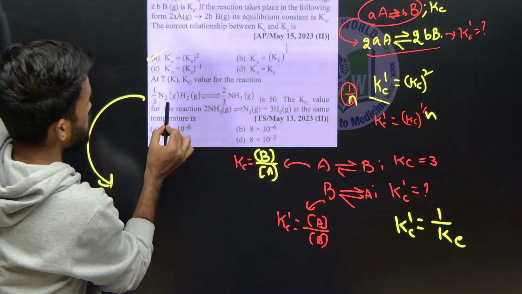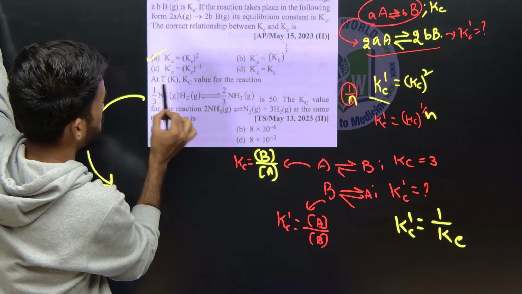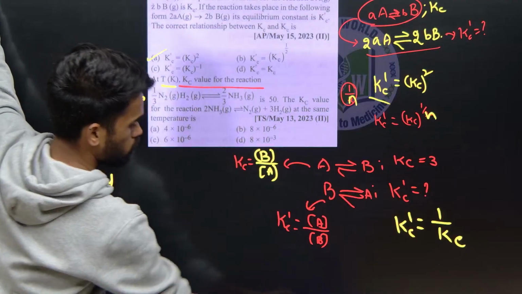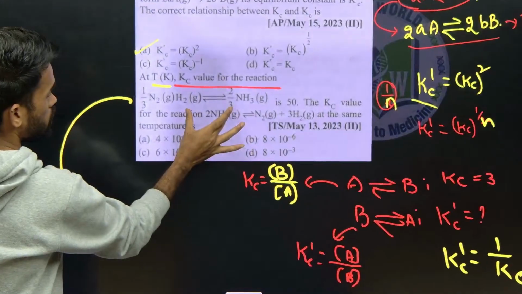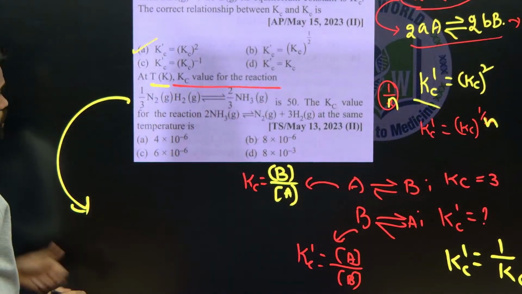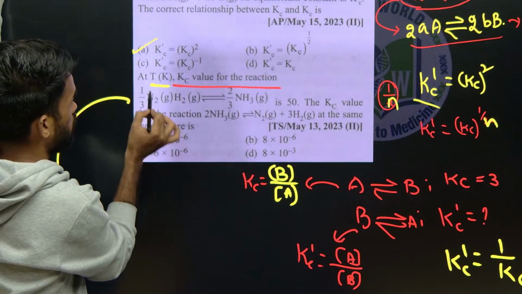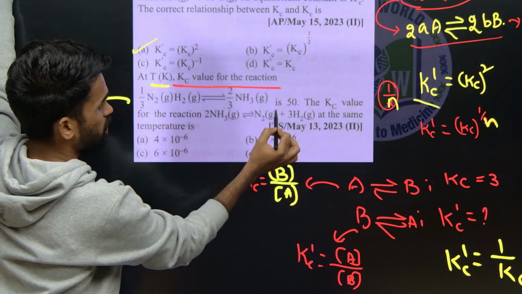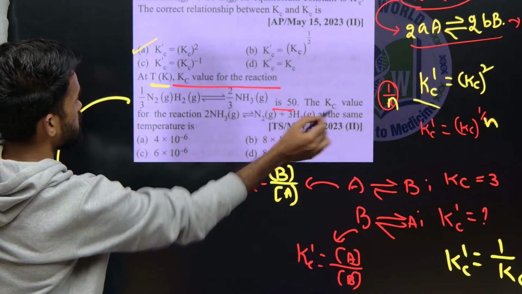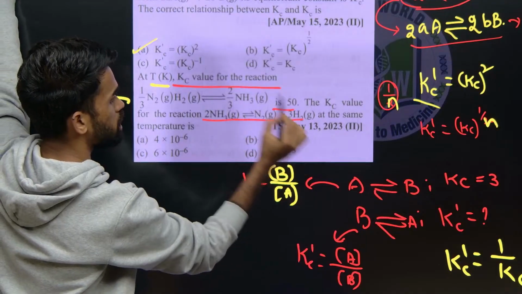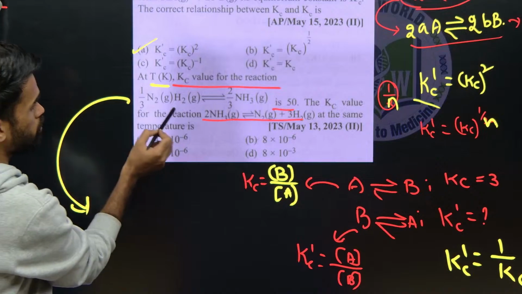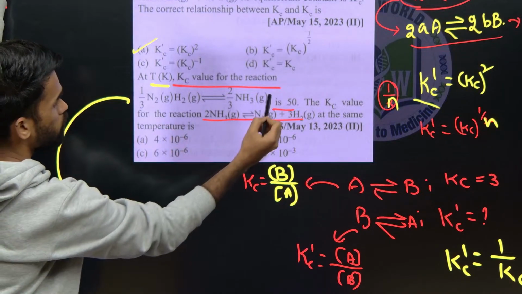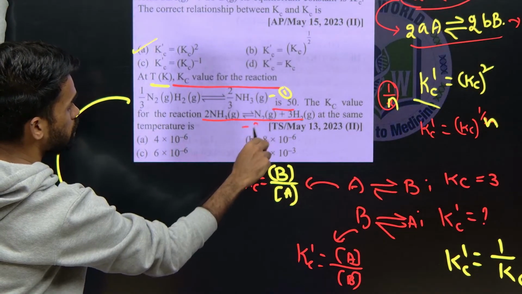See, this is the reaction given at a temperature T Kelvin, with Kc as 50. The Kc value for a new equation, which is given in this way at the same temperature, will be what? So what makes the difference from here to here? Equation 1 and equation 2, how do they differ?